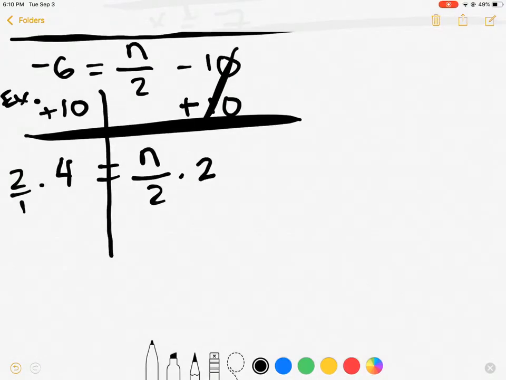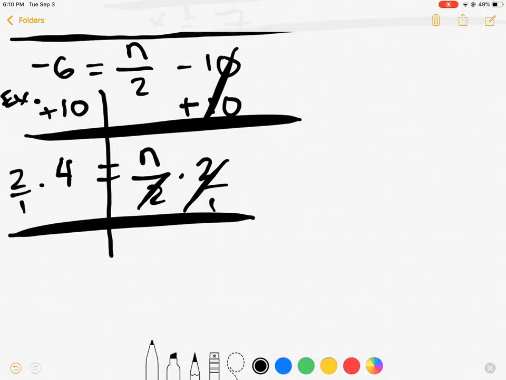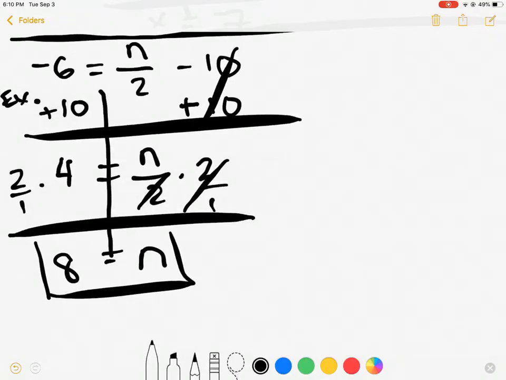You can multiply by 2 on both sides, and that essentially undoes your division, because it's the inverse of dividing by 2. On the right side, if you've undone your division, you're left with your variable n. On the left side, 2 over 1 times 4 over 1, 2 times 4 would give you 8. So your solution there would be that your variable n should be equal to 8.